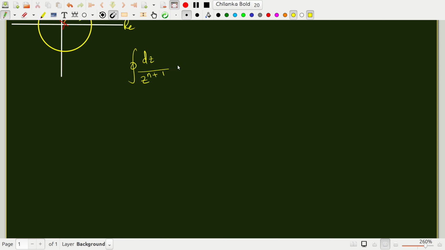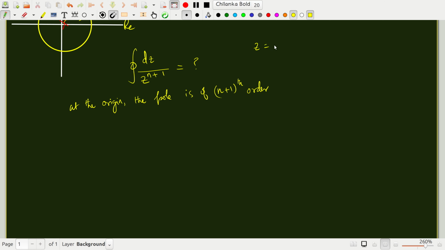What about this? Now the pole is of order n plus 1 at the origin. It's 1 over z to the power n plus 1, and C is a unit circle.